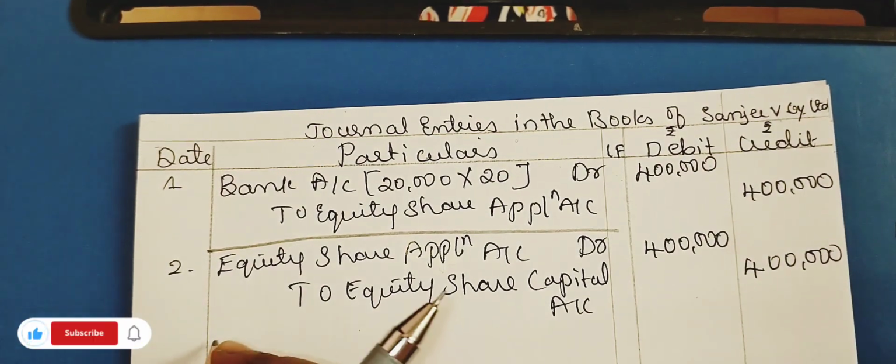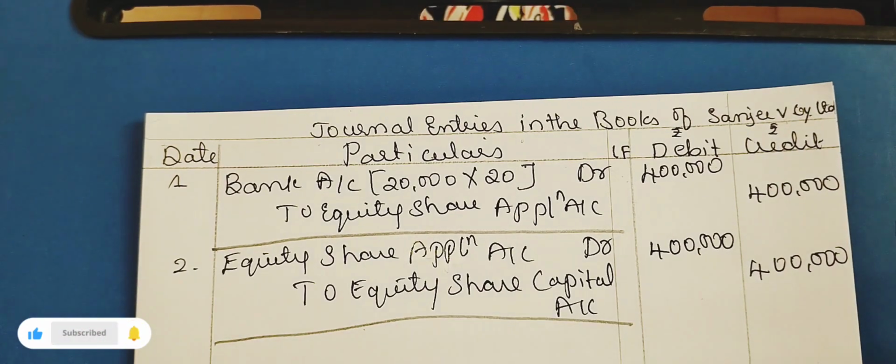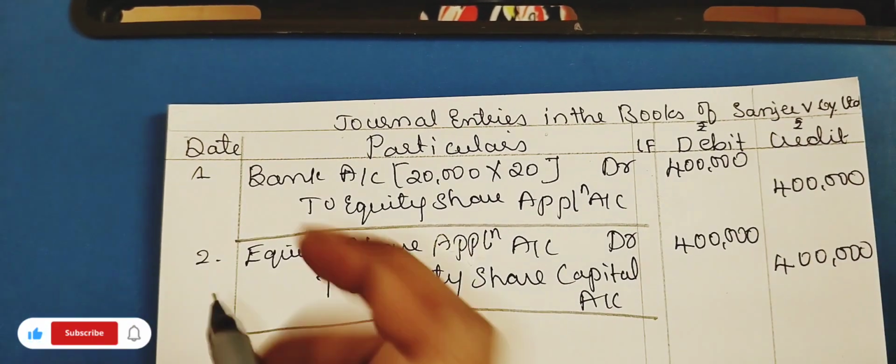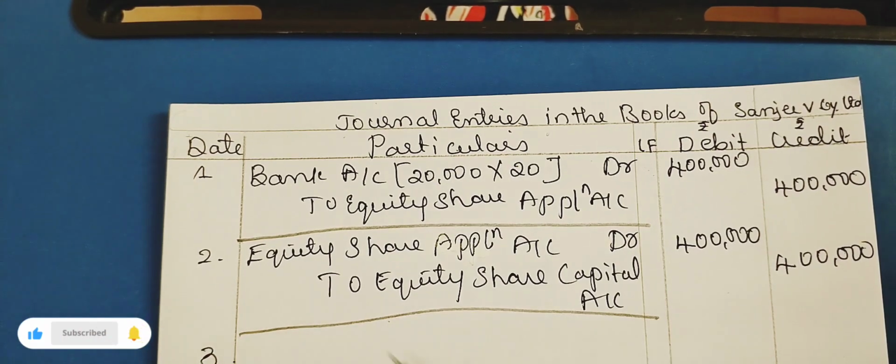Being application money transferred to capital account. The next entry is for allotment.